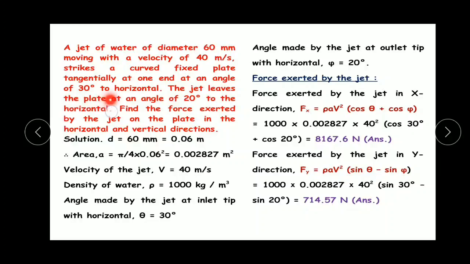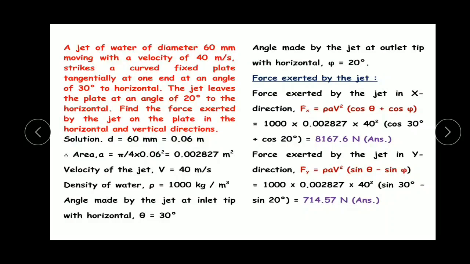That is the striking angle, the inlet angle, theta equal to 30 degrees. The jet leaves the plate at an angle of 20 degrees to the horizontal, that is phi equal to 20 degrees. Find the force exerted by the jet on the plate in the horizontal and vertical directions.